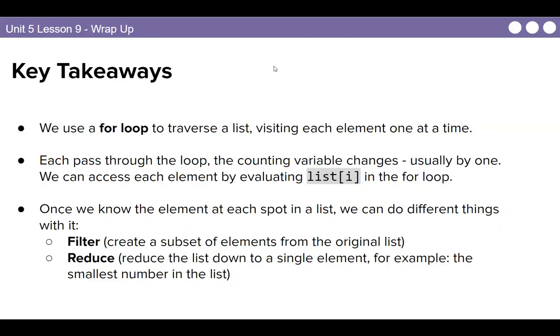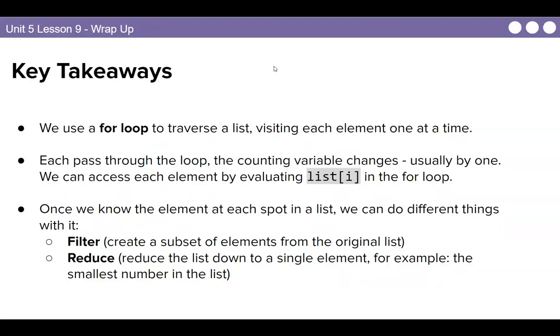Each pass through the loop, the counting variable changes, usually by 1. That's based off of what we have in our third argument in the for loop. So that would be the i++, which basically says iterate this, or just add 1 to this. Plus plus is a shortcut for that. It's just the same as saying index equals index plus 1. Same thing, just a lot shorter typing. And we like to be efficient and be shorter in our typing.